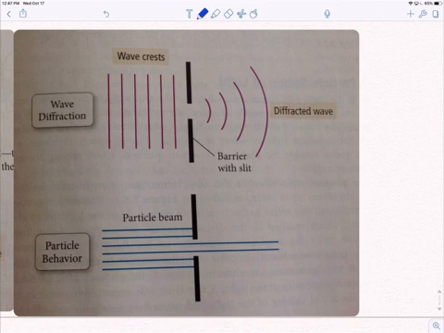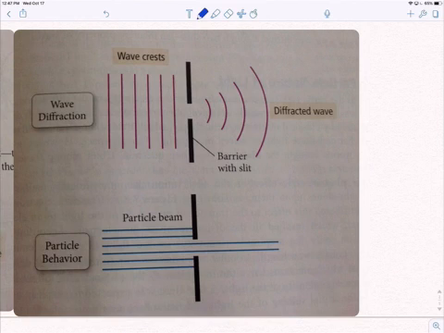Let's say instead that I'm sitting out there and I start shooting a machine gun towards the rock wall. What's going to happen? Well, the bullets are going to be stopped by the rock wall, and the ones in the middle will fly through. So you can see that there is a clear particle-like behavior and a clear wave-like behavior.